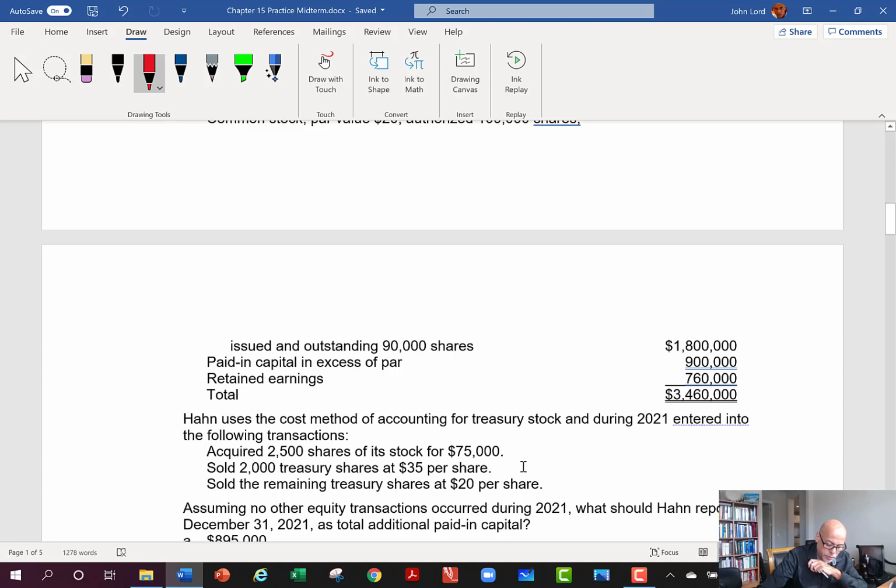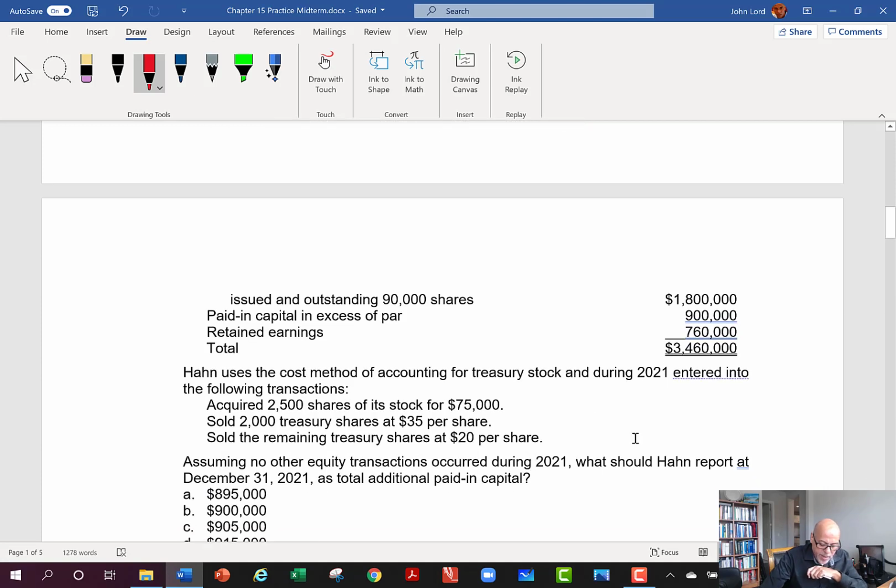So we acquire some treasury stock, we sell the treasury stock back at one price, and then we sell the remaining of these 2,500 shares at a different amount. Assuming no other equity, what should Han report December 31st, 2021 as total additional paid in capital?